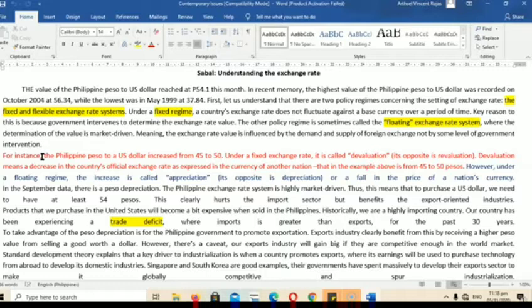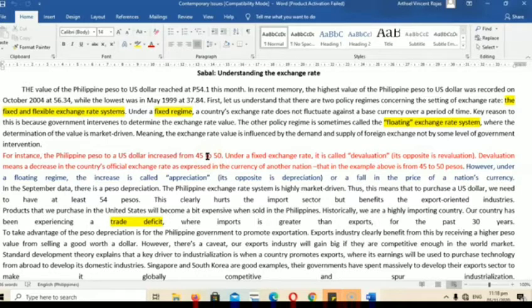Devaluation is the term used by the government or the central bank where the value of our domestic currency is devalued. When we say devalued, the worth of our currency is low compared to the base currency, which is dollar. As we have here 45 to 50, there is a ratio of 50 over 1.